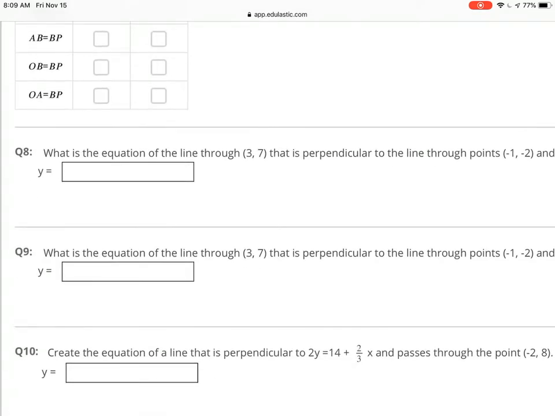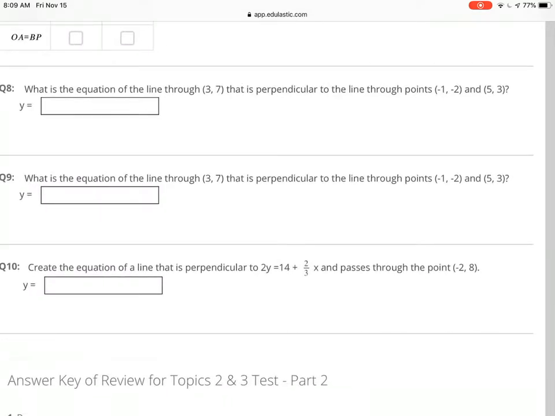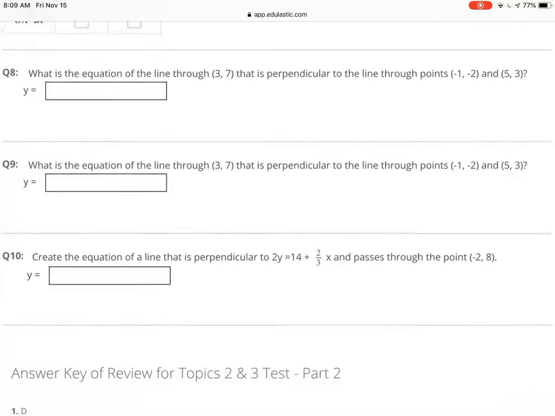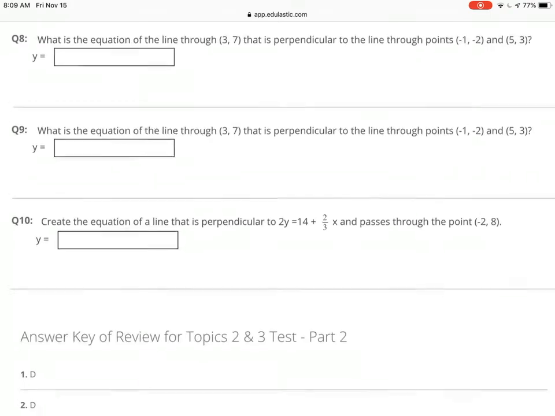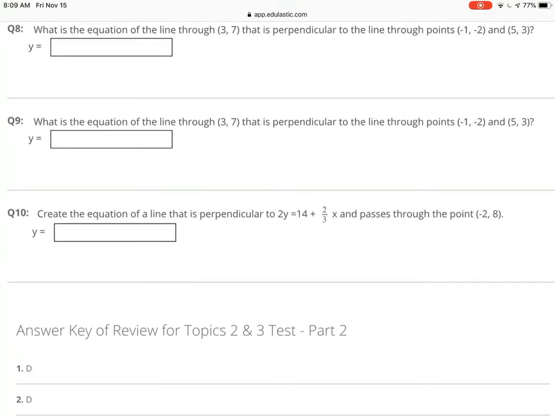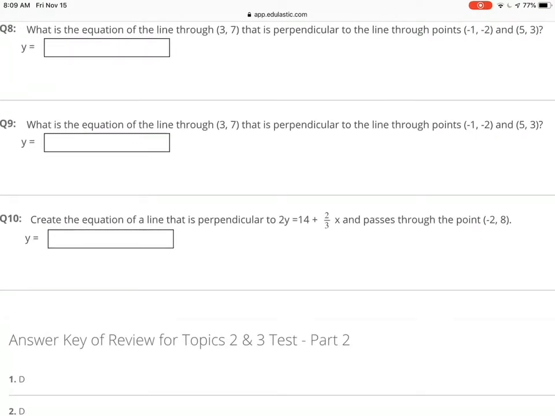Okay, let's look at the next question. I think I can fit all of these on the same page, so let's try to do that.